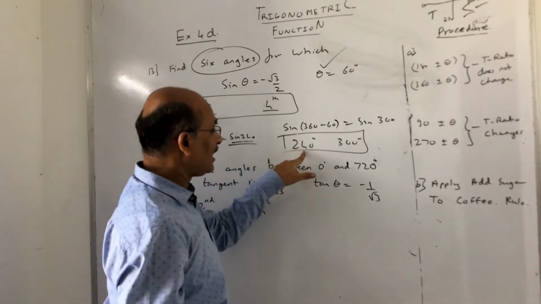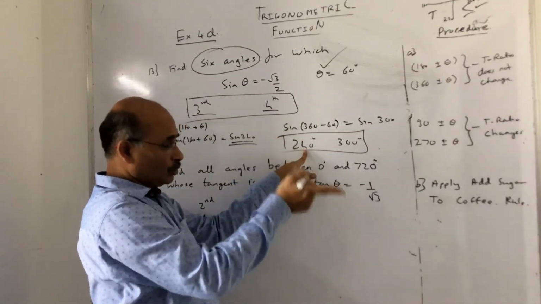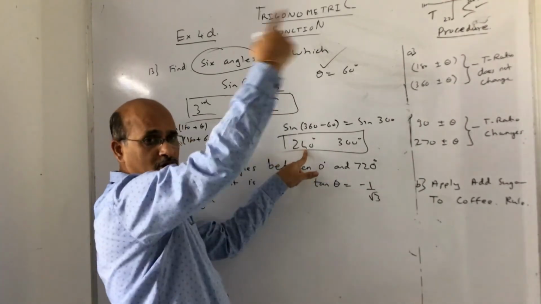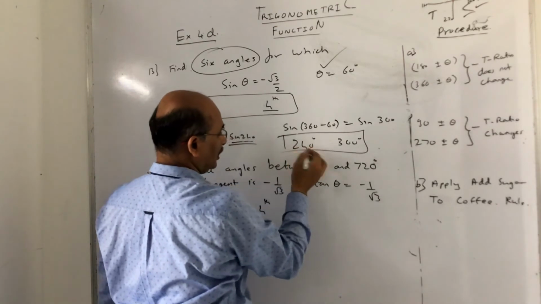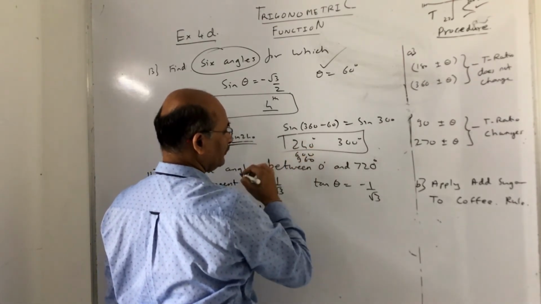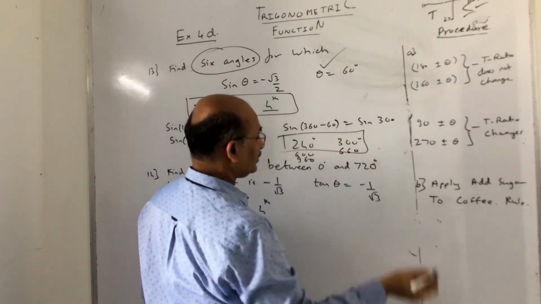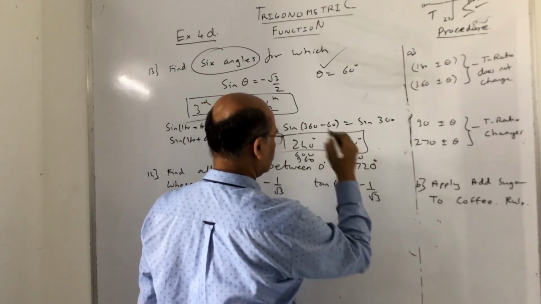Remember, the terminal arm is at 240 degrees from the positive axis. When it comes to the same value after a rotation of 360, just add 360 to it. So if I add 360 to 240, this will become 600, add 360 and it becomes 960, and 660 plus 360 is nothing but 1020.